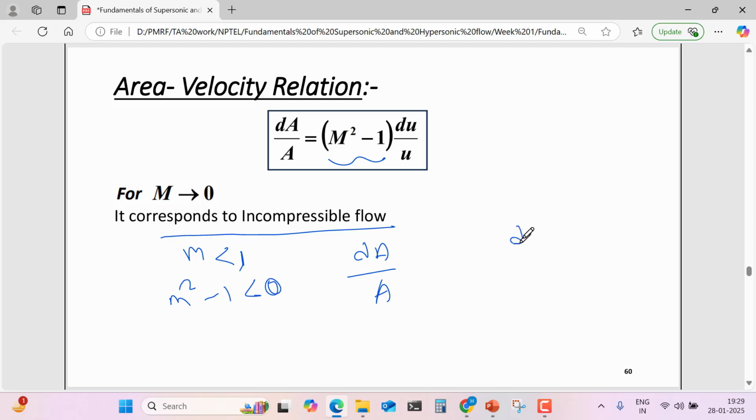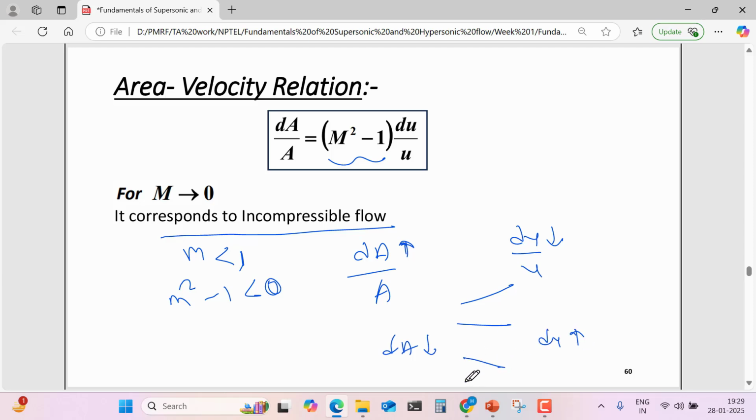So what will happen if there is a change in area? Let's say dA is increasing, then du will decrease. If area is increasing, then velocity will decrease, and if dA is decreasing, then du will increase.